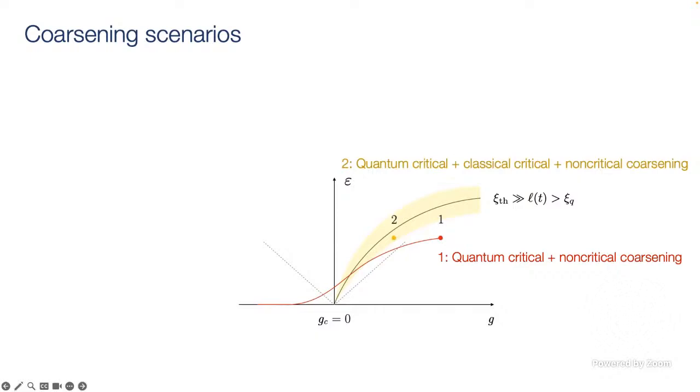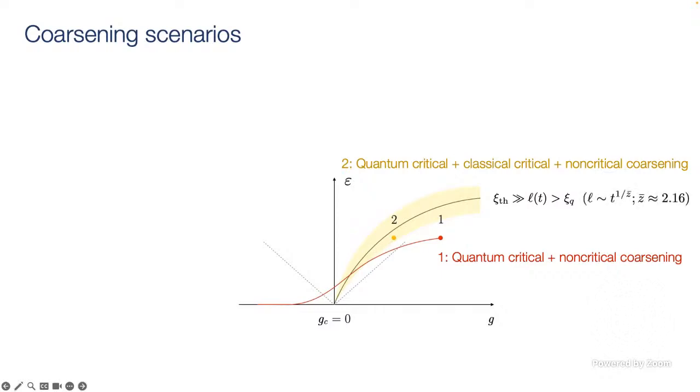So, as was anticipated here, I did assume that on the ordered side, there is an ordered phase that persists to some finite temperature or some finite energy density. Along this axis, there is a phase boundary, which I assume is critical. If I stop my ramp in the vicinity of this thermal phase boundary, I can have a third scenario, which is an intermediate regime of classical critical coarsening between the quantum and the non-critical.